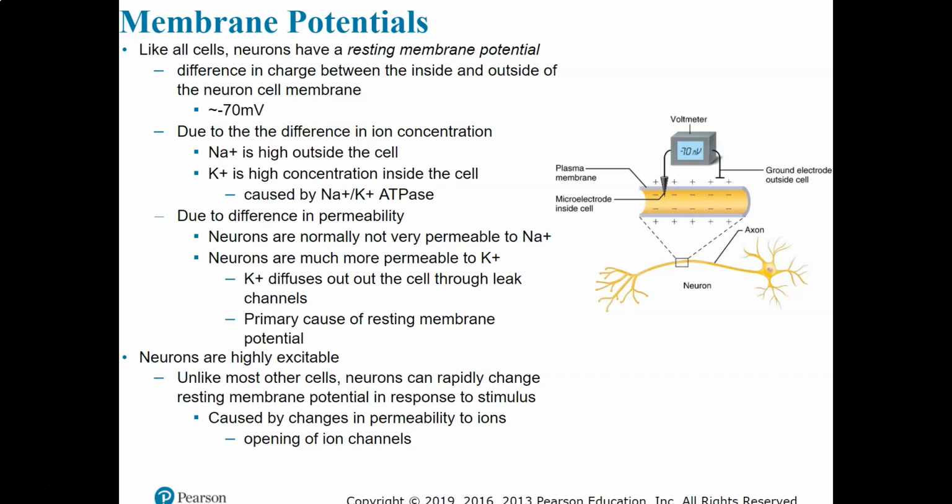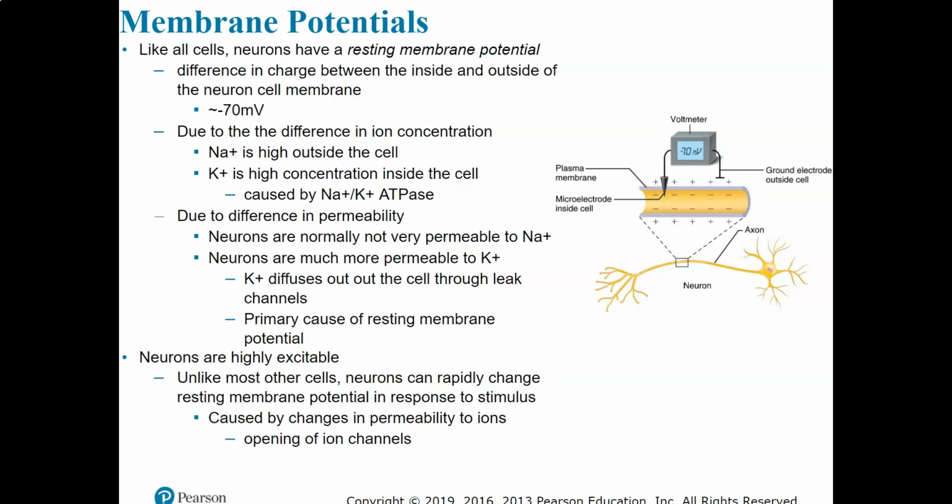Remember, due to the action of sodium-potassium ATPase, also called the sodium-potassium pump, we are going to have a high concentration of sodium outside of the cell and a high concentration of potassium inside of the cell. Now, neurons are not normally very permeable to sodium, so that sodium stays outside of the cell. However, neurons are much more permeable to potassium due to the presence of a type of leak channel.